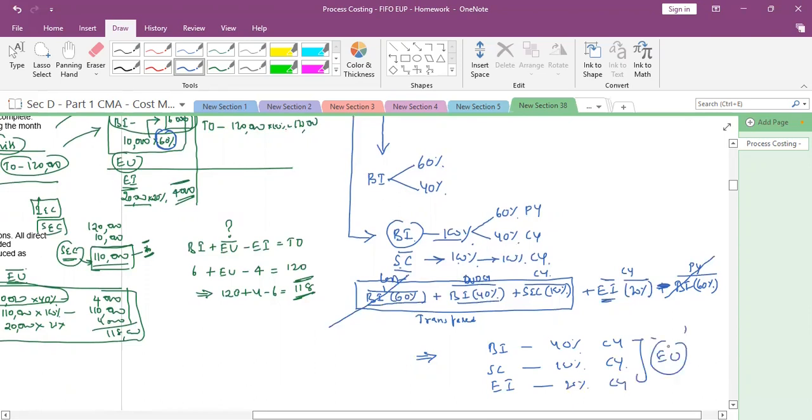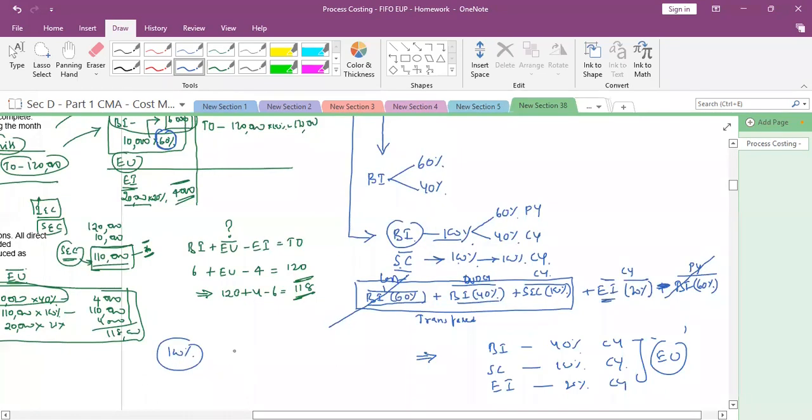That is the difference between the T-shape and the long process. If this point is clear, I have one doubt. Yes, please. Started and completed plus beginning inventory will give us the transferred out. Transferred out, yes. Rahnuma, the units we have completed, right? Transferred out means what? 100% work done, correct?